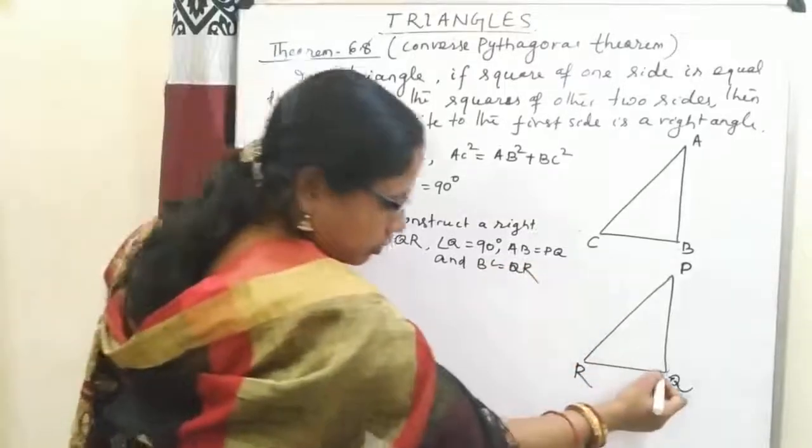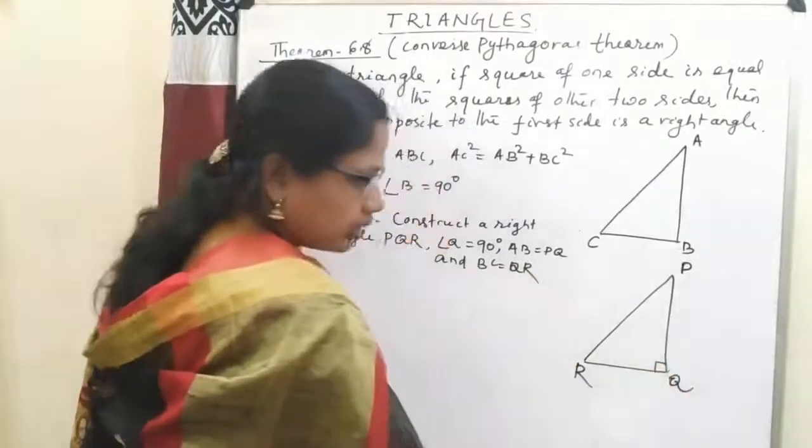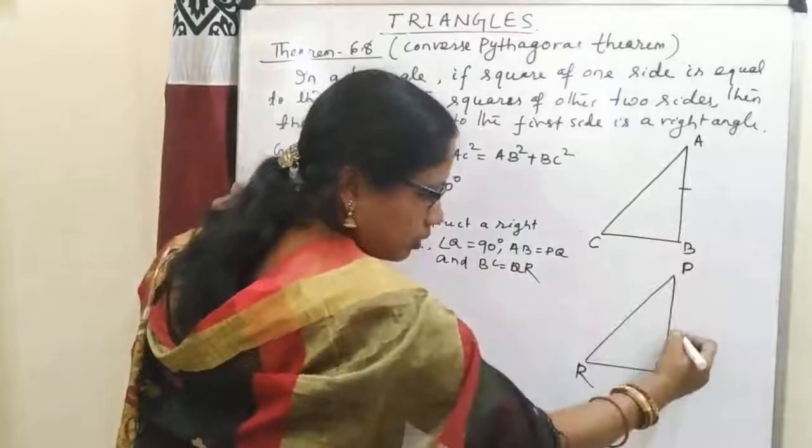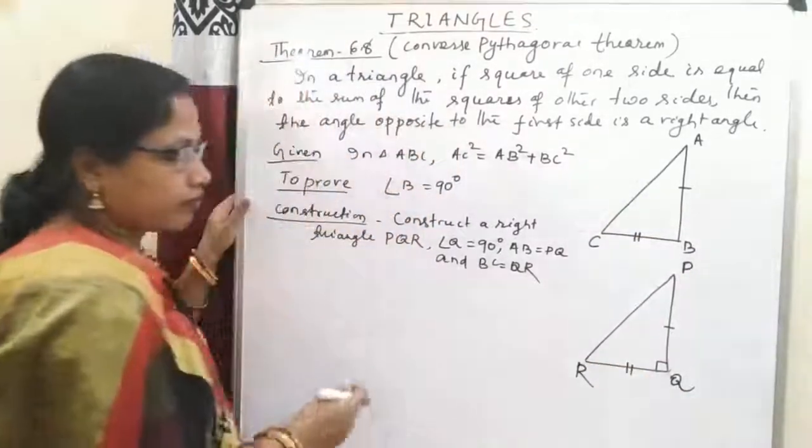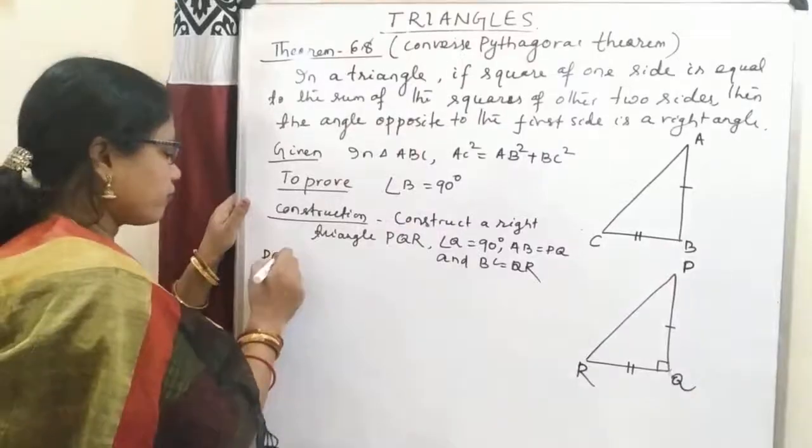So here I have constructed angle Q is 90 degrees, AB is equal to PQ and BC is equal to QR.